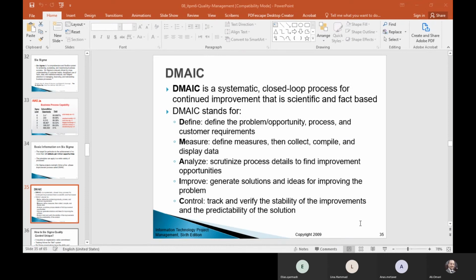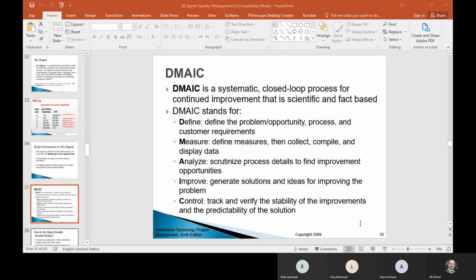Then finally, control, which tracks and verifies the stability of the improvement and the predictability of the solution. There are tools used for it, like control charts, as a tool to measure this stage.